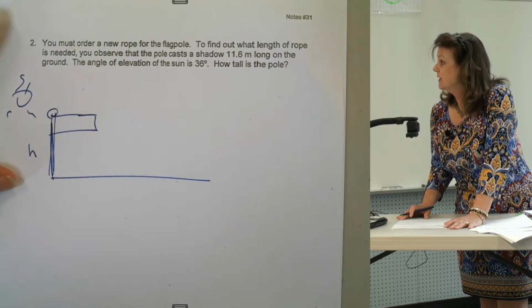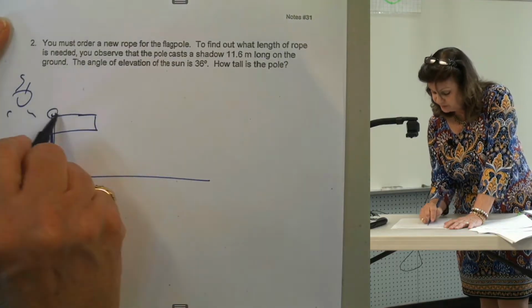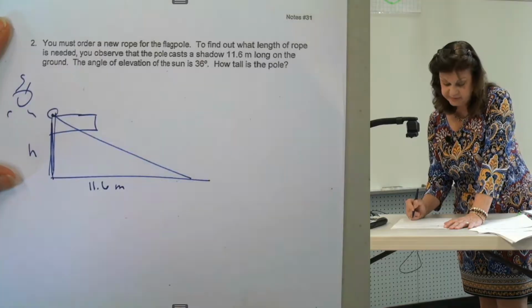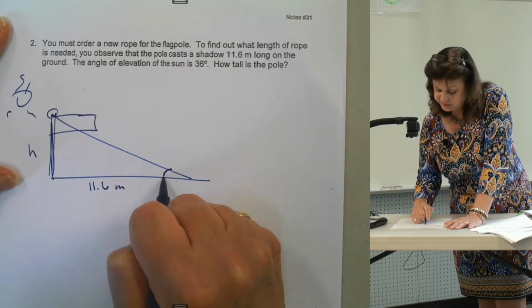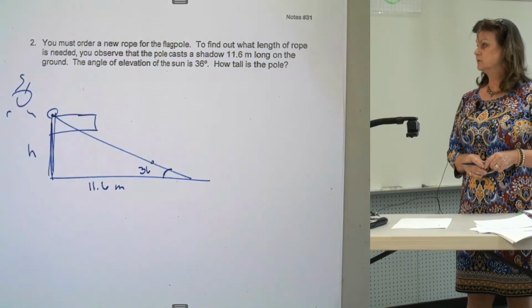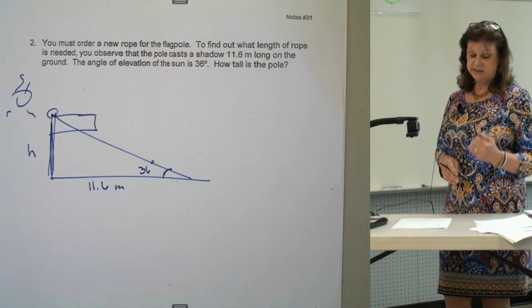The pole casts a shadow, so here's my imaginary right triangle, 11.6 meters. The angle of elevation is 36 degrees. So again, I've got an opposite and an adjacent.